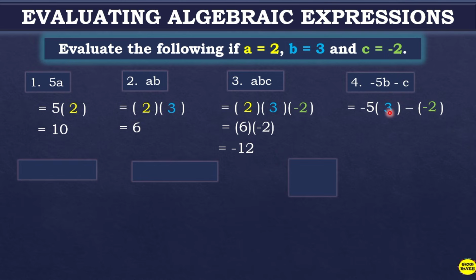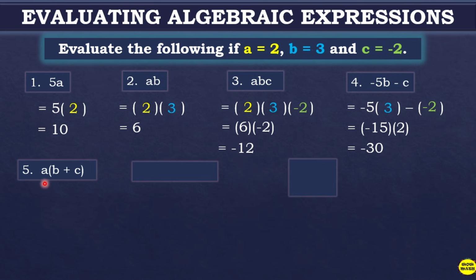Negative 2. So, negative 5 times 3, different signs. So, negative 15. Ito, isimplify natin. Negative times negative, positive. Okay? So, negative times, parang may 1 yan dito. Okay? So, negative 1 times negative 2, positive 2. Okay? So, negative 15 times 2, that is negative 30. Kasi different signs yan. Next.